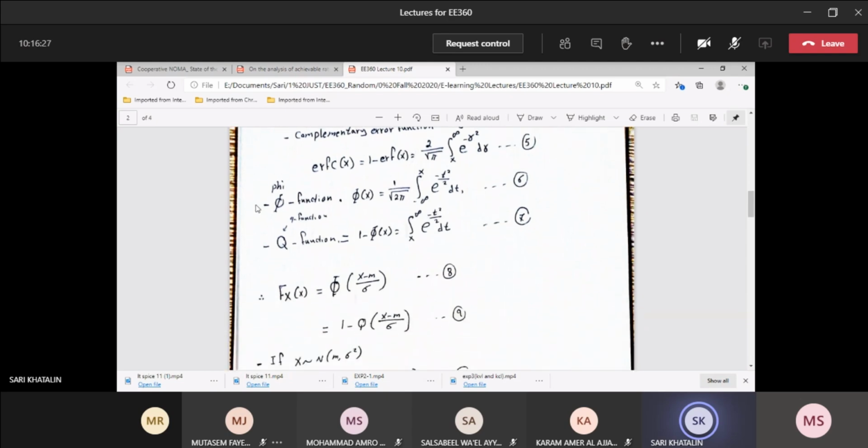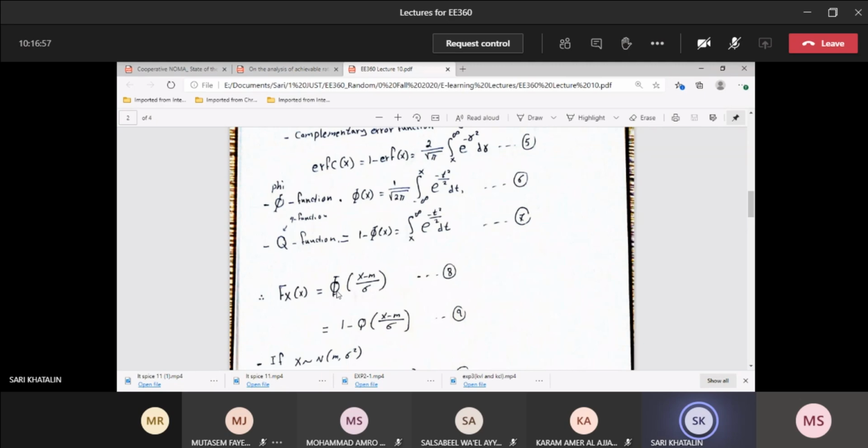Now, phi, which is right here, equation 6, is basically the CDF or Fx. So if I know the mean and I know the standard deviation, I can find the CDF in terms of the phi function. And then once I have this information, I can go to the tables for phi. They are readily available, calculated.